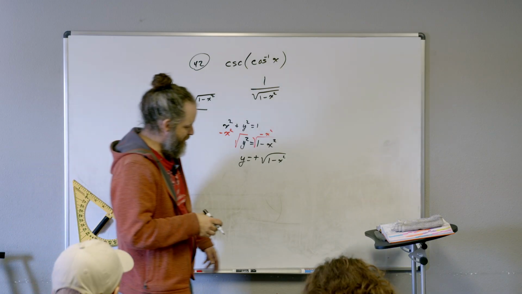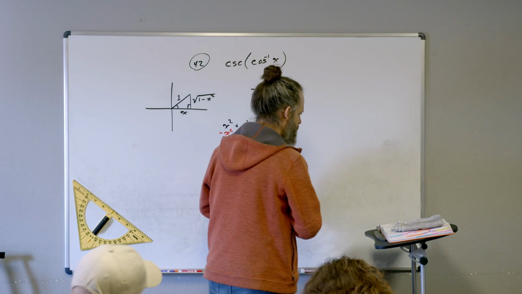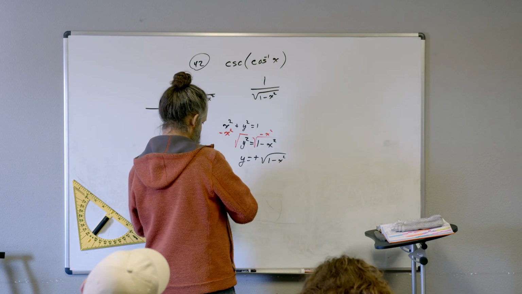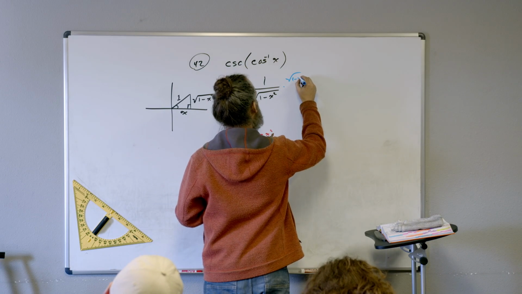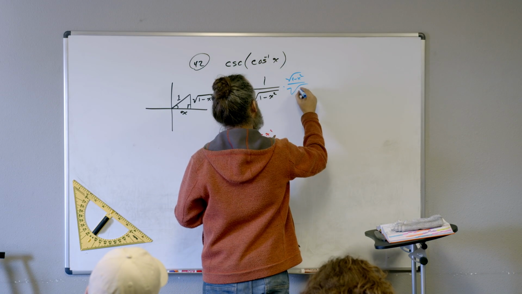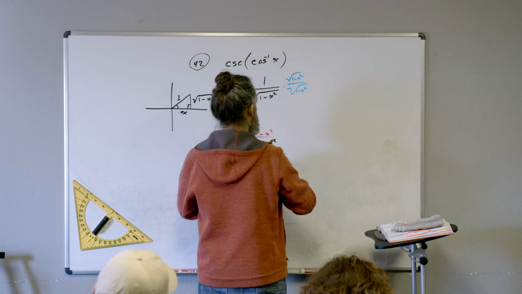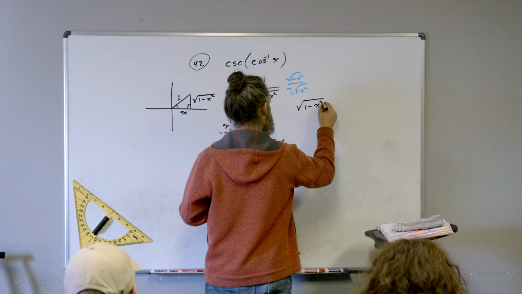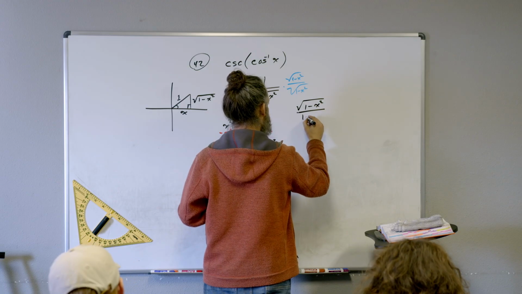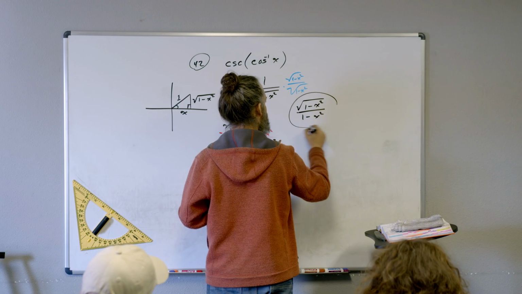Square root in the bottom. So how do we get rid of the square root in the bottom? Multiply by itself. Yep. So we end up with the square root of 1 minus x squared all over 1 minus x squared.